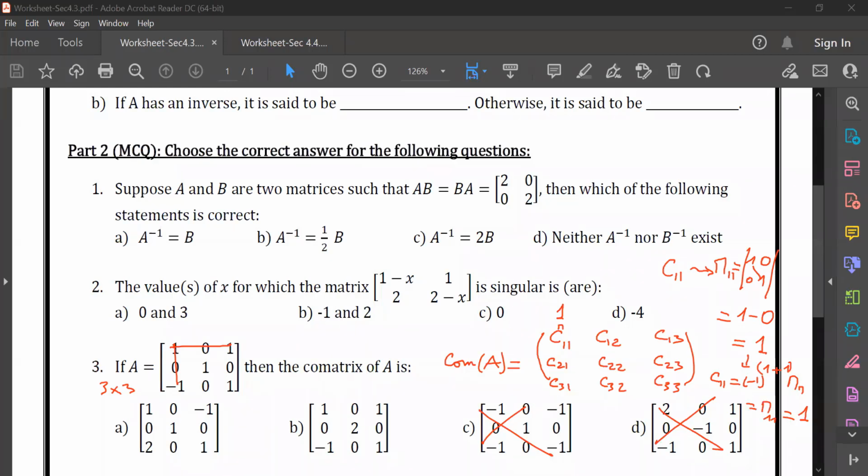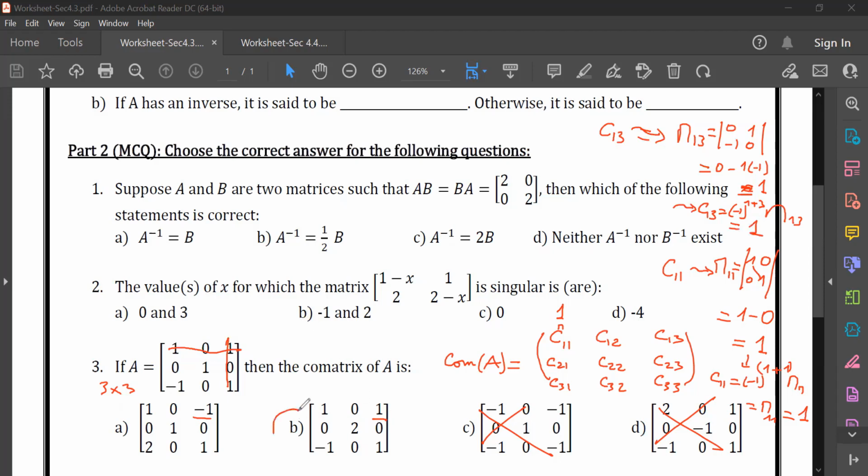Here we also have a difference, for example in C13. How do we calculate C13? The same thing. We delete the first row and the third column to calculate M13. The determinant 0 1 minus 1 0 gives me 0 minus 1 times minus 1, meaning 1. This is M13. So what is C13? The same thing: 1 plus 3 is even. So it's 1.